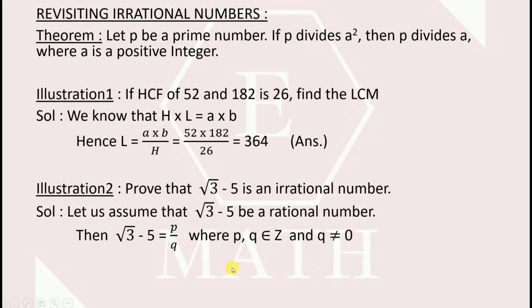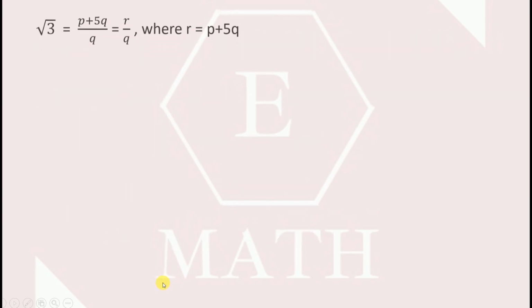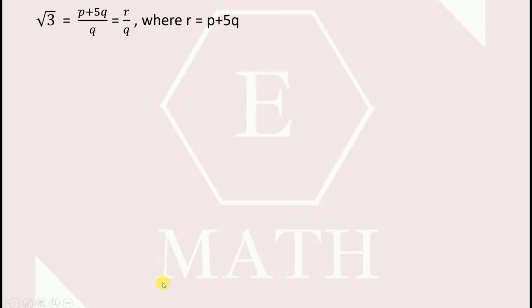Then the next step is root 3 is equal to p by q plus 5. If minus 5 is transposed to the right-hand side, it becomes plus 5. So root 3 is equal to p by q plus 5. Then taking the LCM of this term and simplifying, we get root 3 is equal to p plus 5q divided by q.